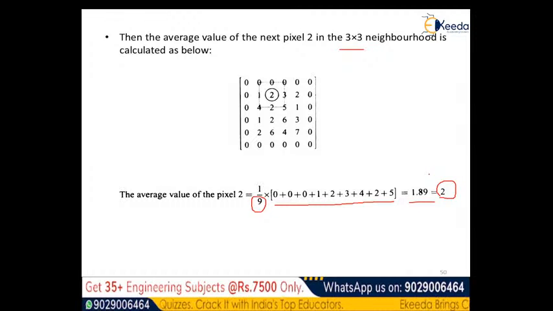In this similar fashion, for the other pixels, we have shown the illustration for 1 as well as for 2, and we have 3, 2, 4, 2, 5, 1, 1, 2, 6, 3, 2, 6, 4, 7. For all of them we can make the computations.